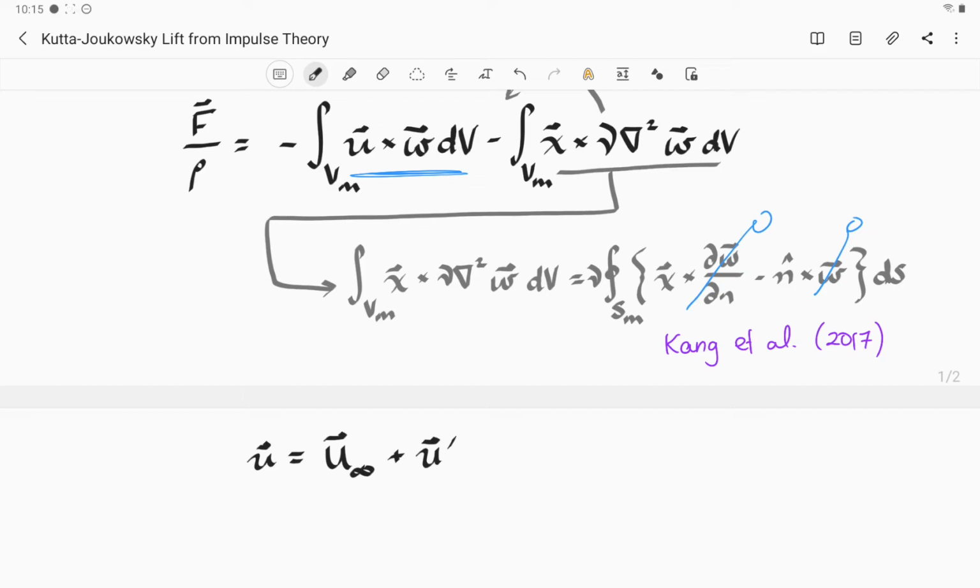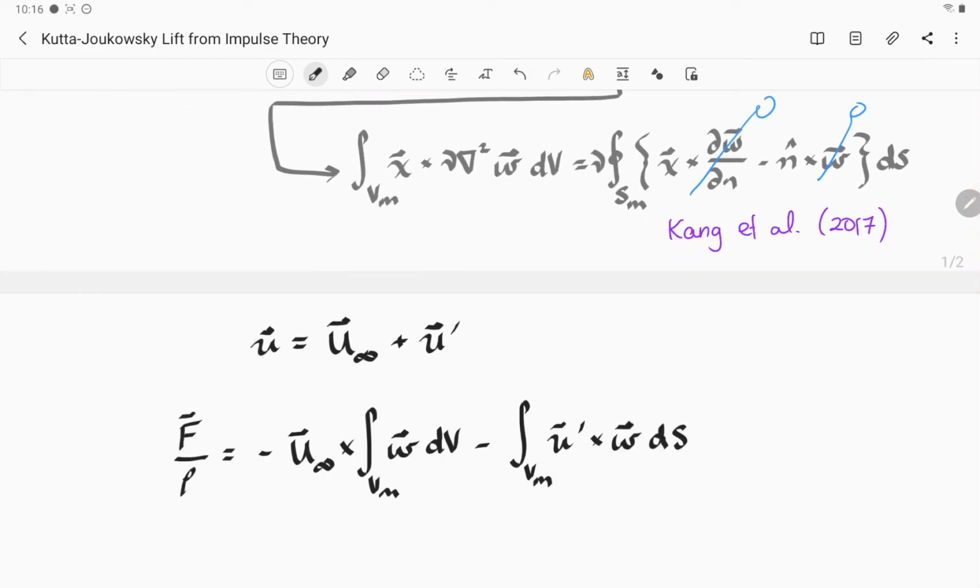So if we have a frame of reference that is convecting with the vortex, this would be the velocity relative to that frame. Now, subbing this back into the force expression, we get something that looks like this. And note here that I've moved the constant u infinity outside of this integral. Because it's constant, we can do that.